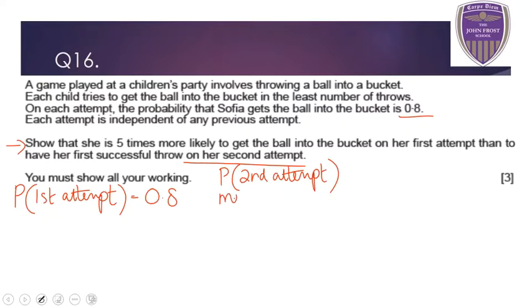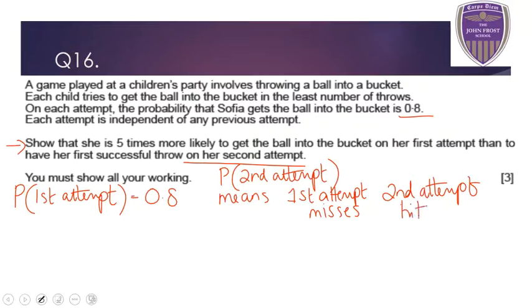Well, it means the first attempt she misses, and the second attempt it goes in the bucket, okay? So if you like, it hits.